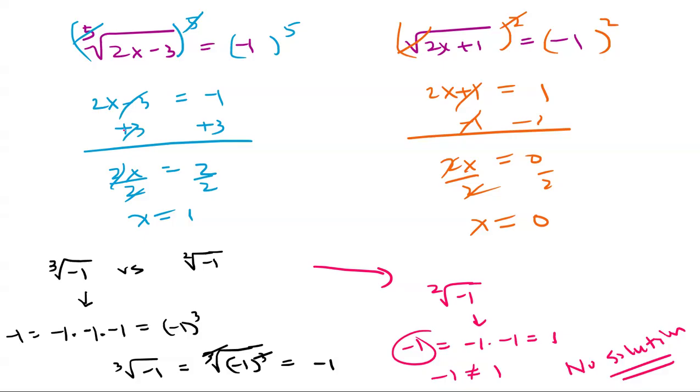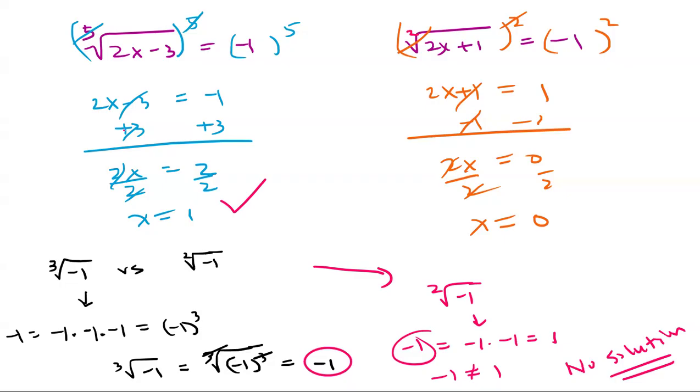So back over here, this one is an odd root, and it can produce a negative output, which we just showed here. So this one does work. However, in this case, we have an even root, right? So it can never produce a negative.